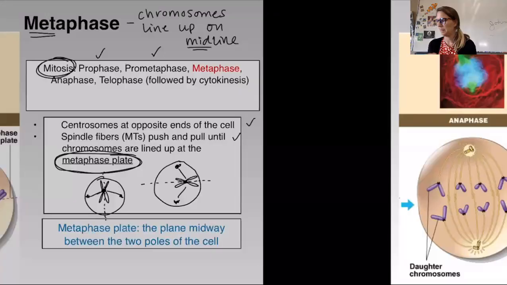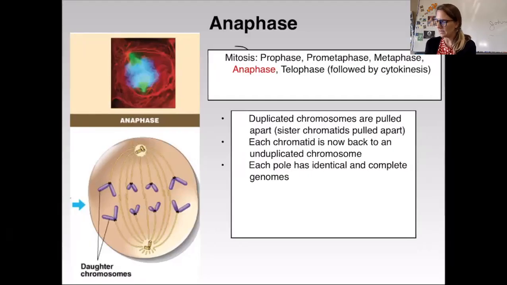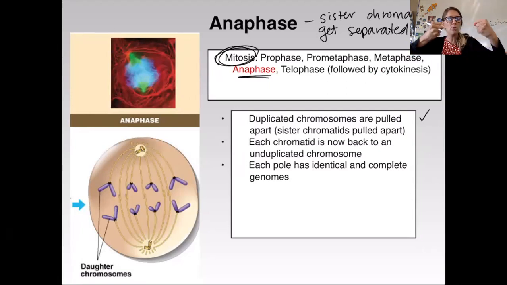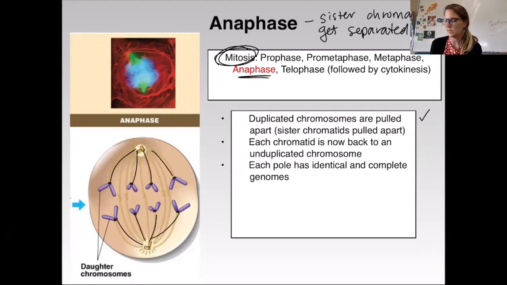Anaphase is the next phase, and this is where sister chromatids get separated from one another. Here, those duplicated chromosomes get pulled apart by those microtubules on their kinetochores.